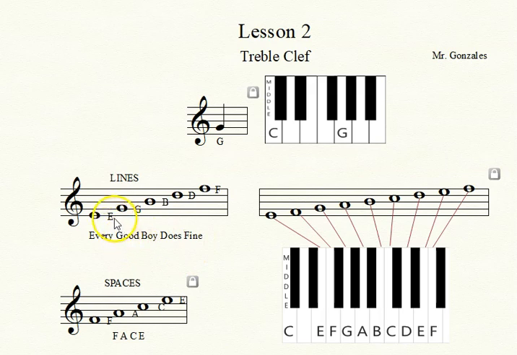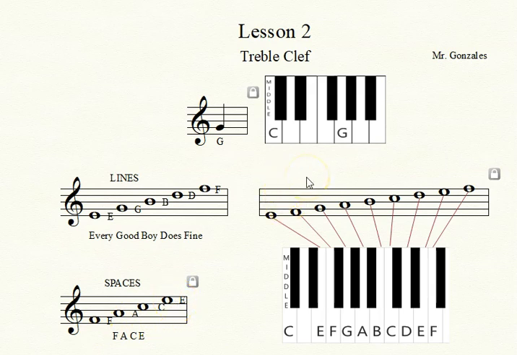And if you follow that along, every good boy does fine. The names of the notes in the spaces from bottom to top spell FACE. We have F, A, C, and E.